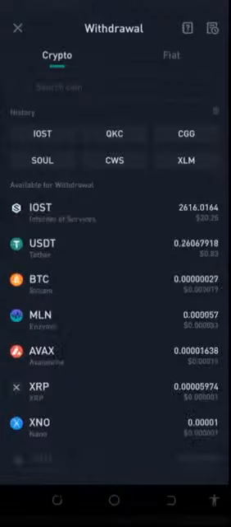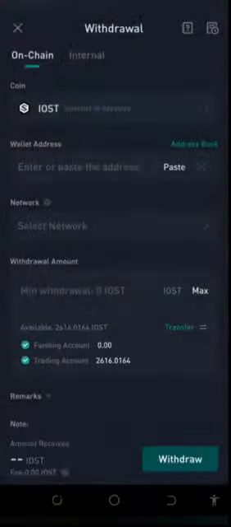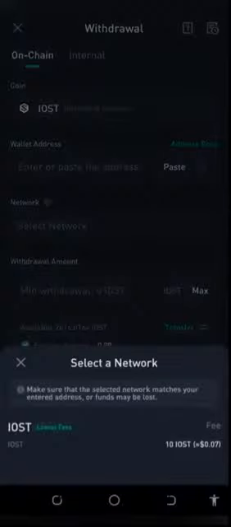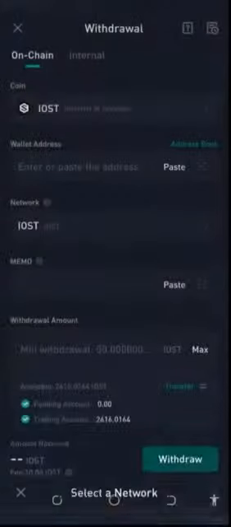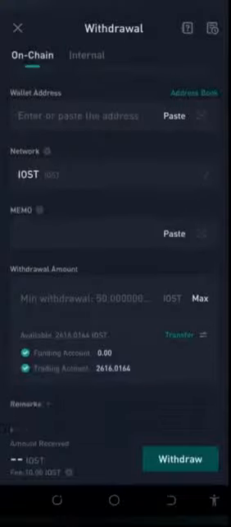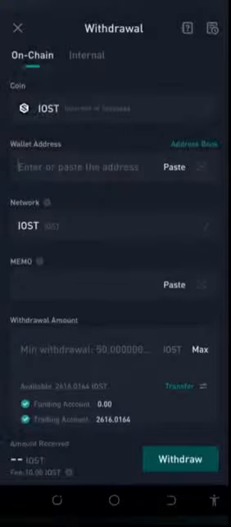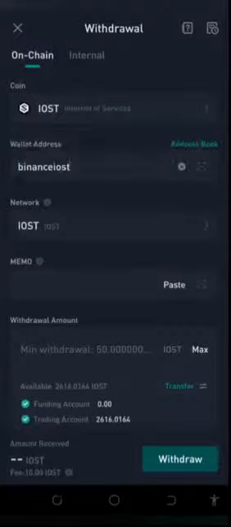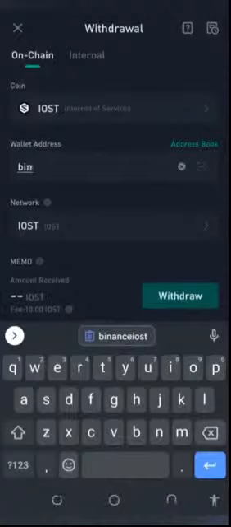So we're withdrawing that quickly. The network is IOST. Yes, IOST. Correct. Where's the address? Okay, so I was looking for the address. That's it. Sorry, I think I copied the wrong thing.